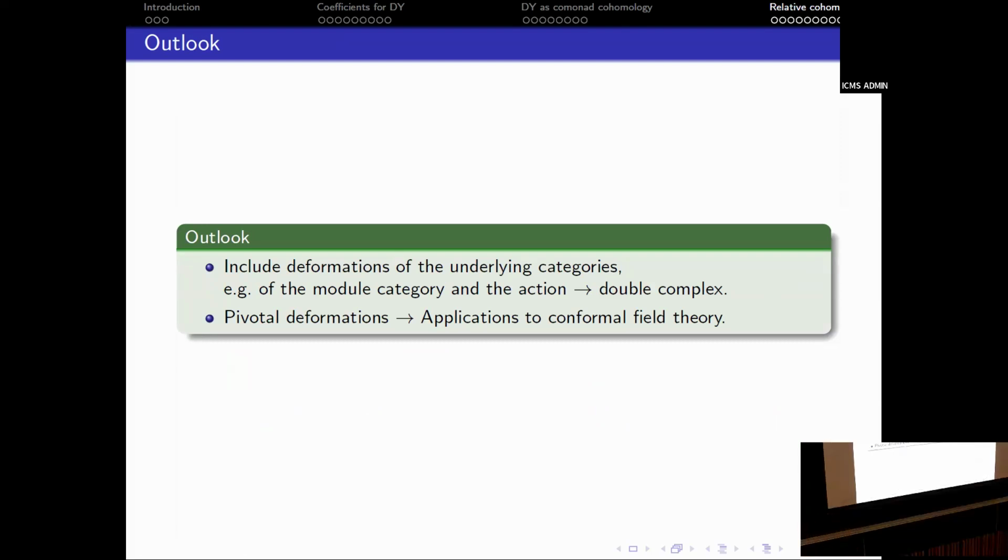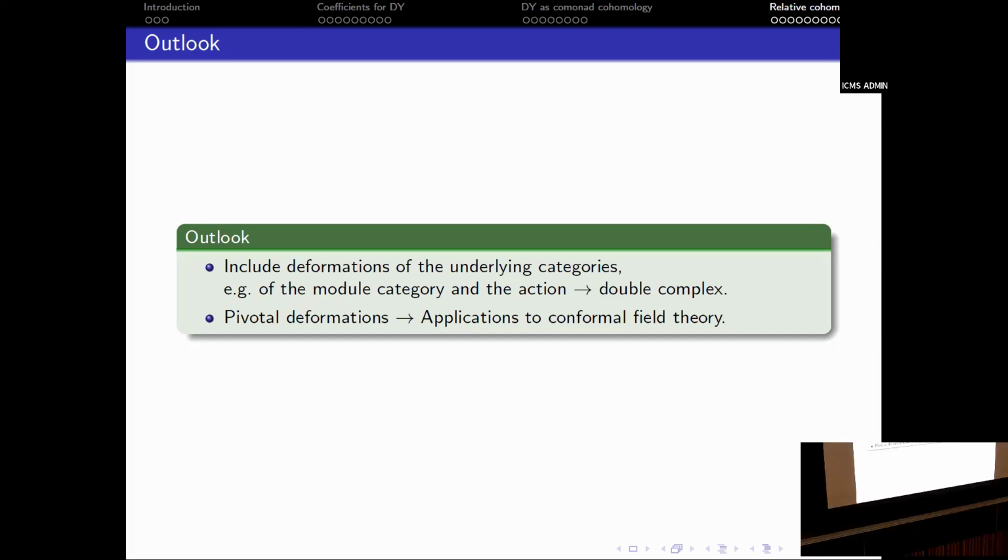I was working just with finite tensor categories. The tensor categories we need in the applications are pivotal tensor categories. Yeah, so also the module categories are pivotal module categories. That's quite important to work in the end with sum-oriented TFT, and we are not at this point.